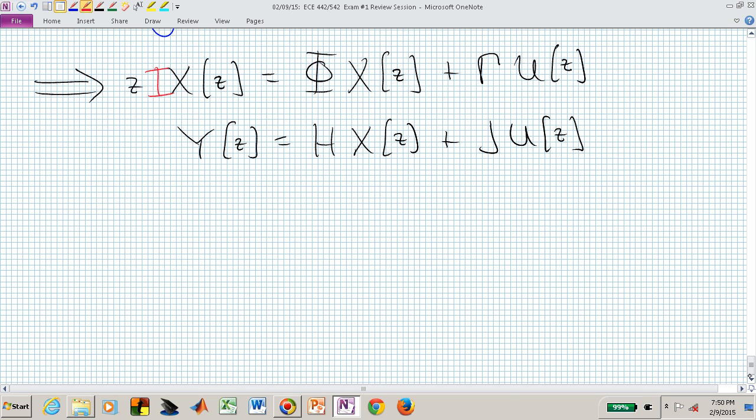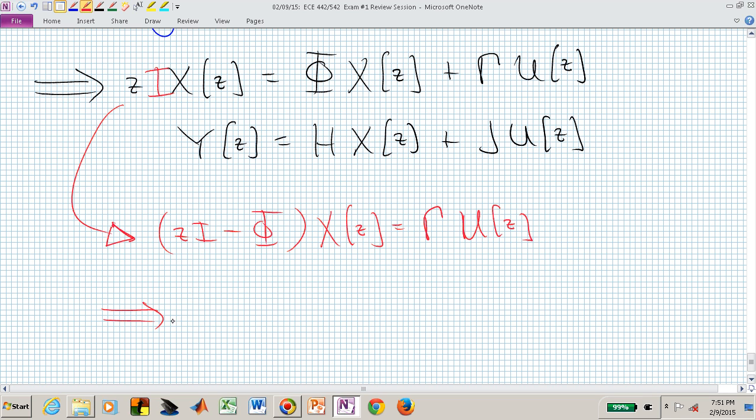And we can now factor this, meaning we can take this and say we now have zi minus phi, or we can solve for capital X of z by inverting that matrix zi minus phi.